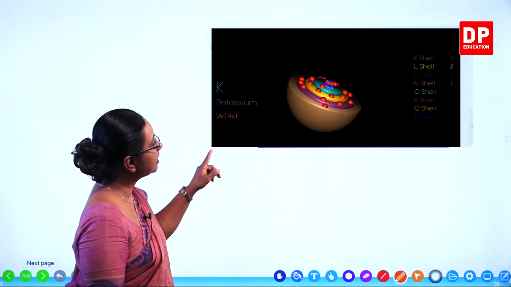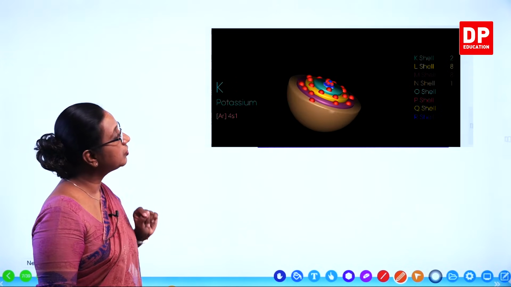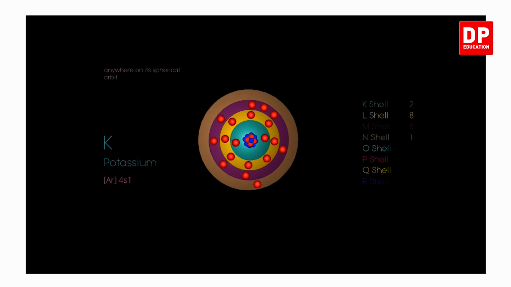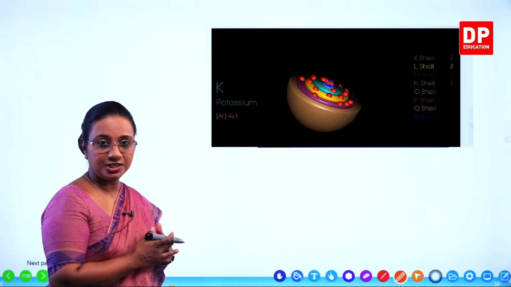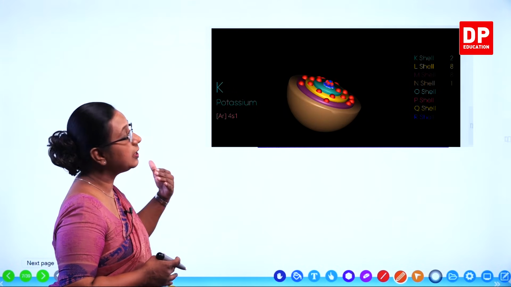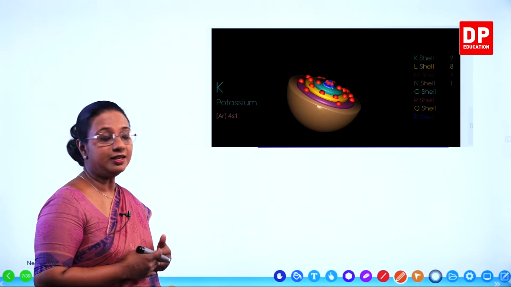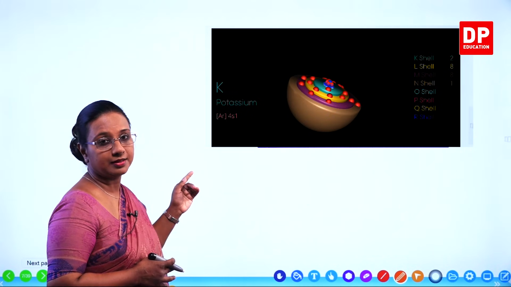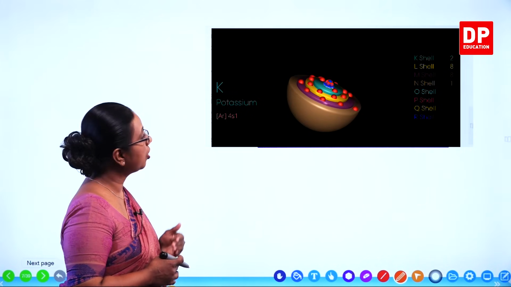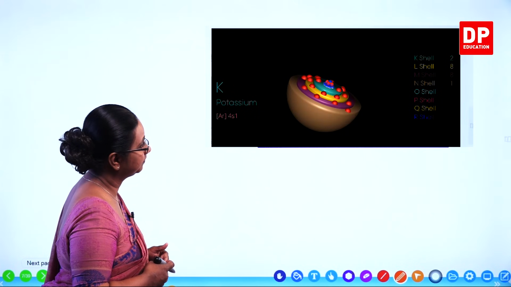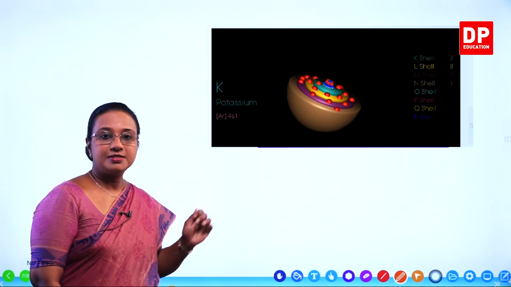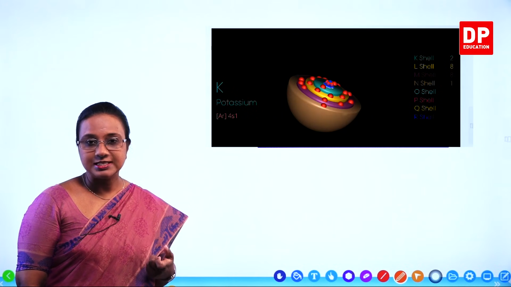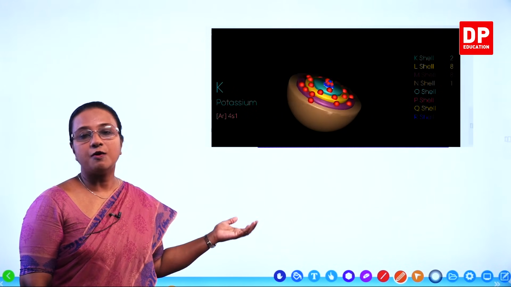And you all can nicely observe that the protons and neutrons are confined to the nucleus, and also the electrons moving around without colliding with each other and without jumping from one energy level to the other. They are moving around in their fixed definite path. That is the shell or the energy level. With this, you would have got a very good understanding about the model of an atom.